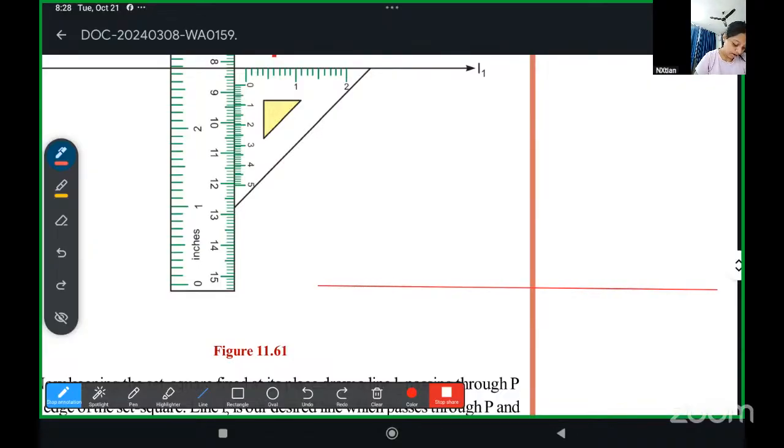And you mark a point P here somewhere. Why name it P, ma'am, and not A? Name it P because it is the step in the book where you have to construct it using the set square. It is one of the steps. And then make a line that passes through P. Okay, ma'am.